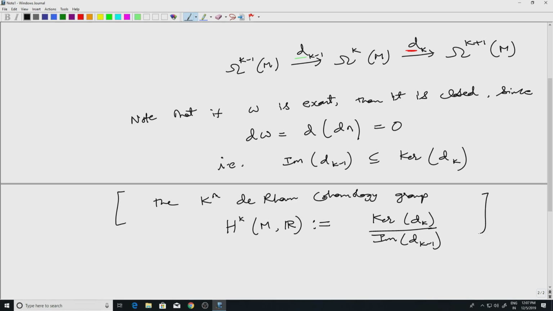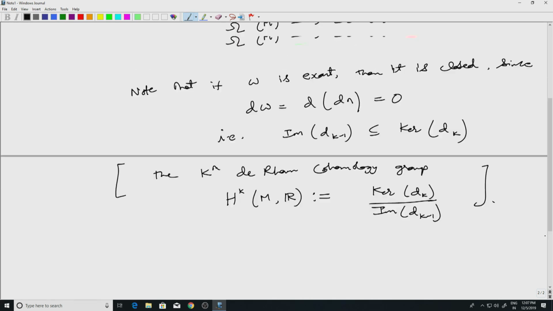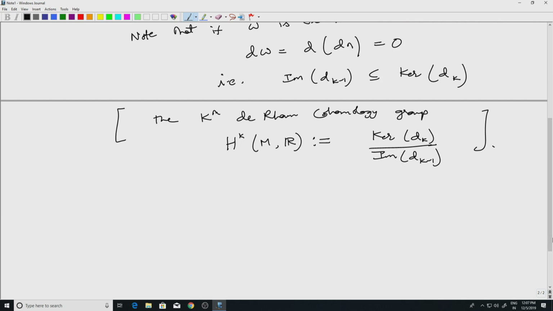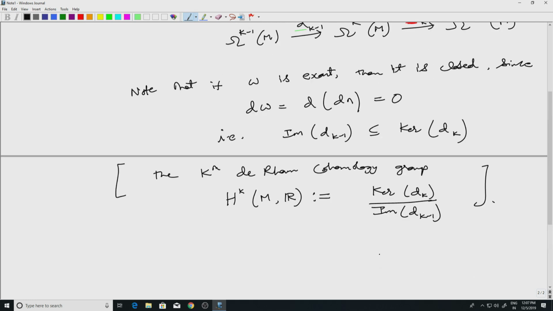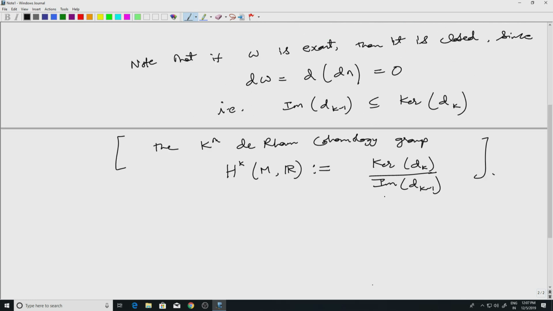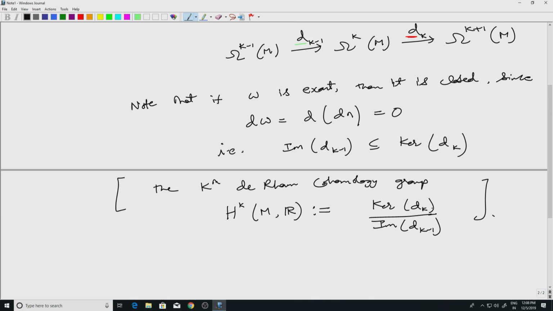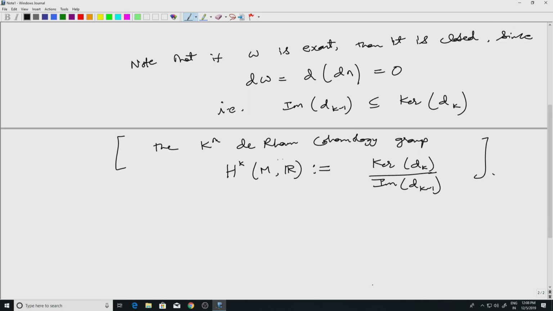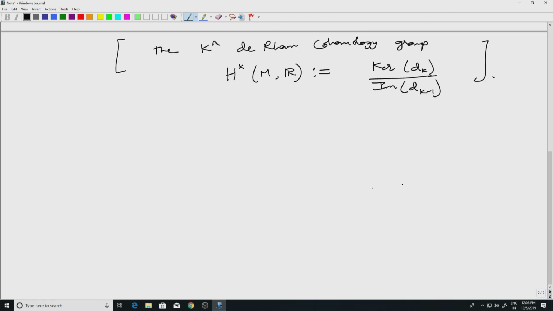And the interesting thing is that first of all, this omega k is itself infinite dimensional, and one can check that even this kernel and the image are infinite dimensional subspaces of omega k. But it turns out that if the manifold is compact, for instance, then this quotient space will be finite dimensional.